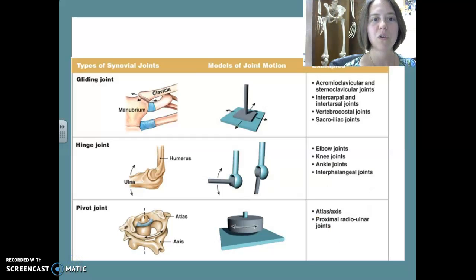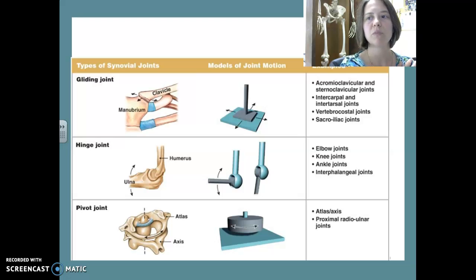Okay, we're going to go over some more pictures of the different types of joints and some examples. We're going to start with the least movable joint, the gliding joint. You can see it has some little back and forth motions, just a little bit on the flat surfaces. An example is the acromioclavicular joint, between the acromion process of the scapula and the clavicle.